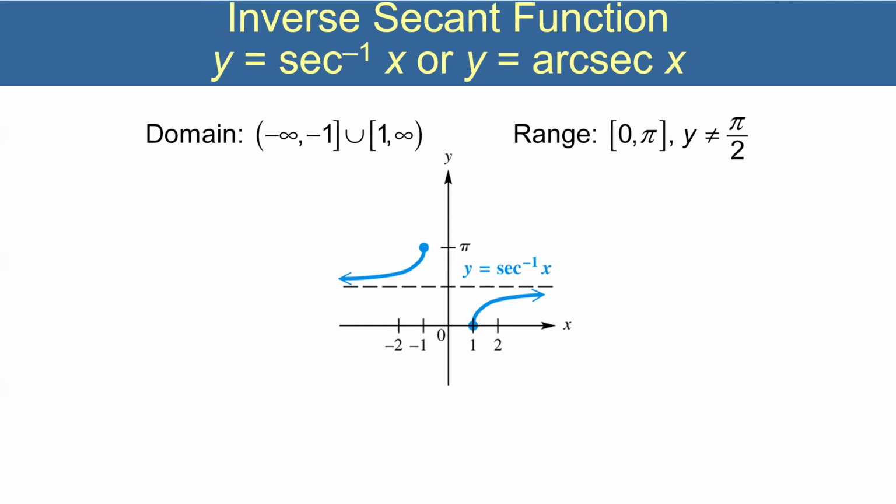It has one horizontal asymptote at pi over 2. And your domain this time is from negative infinity to negative 1, then 1 to infinity. That's because that asymptote is smack dab in the middle.